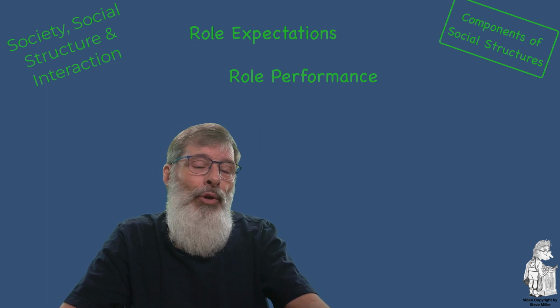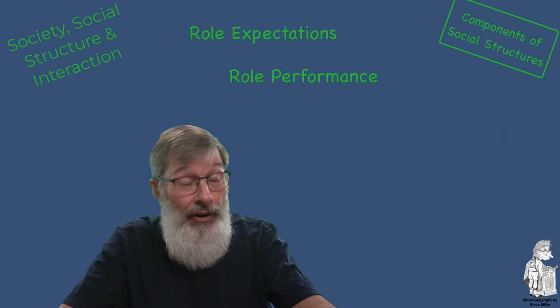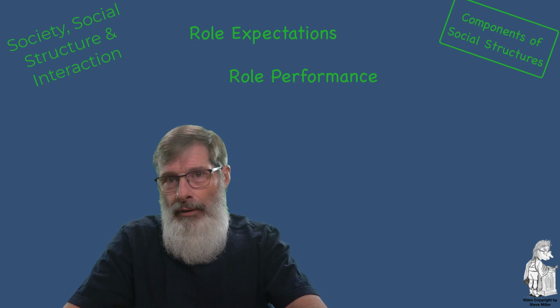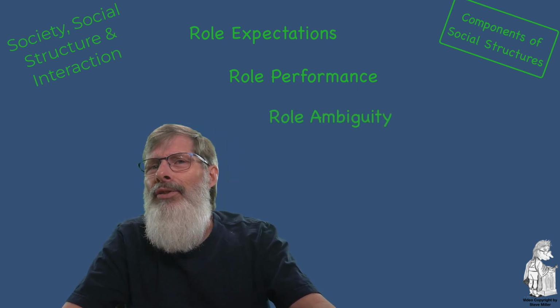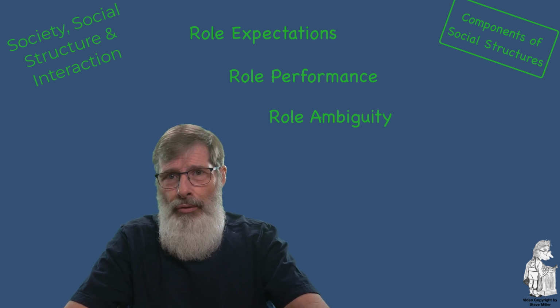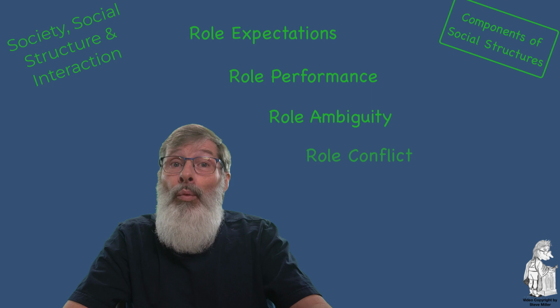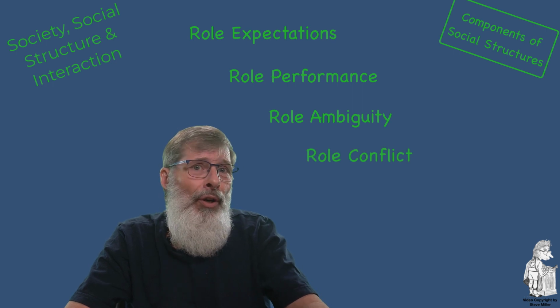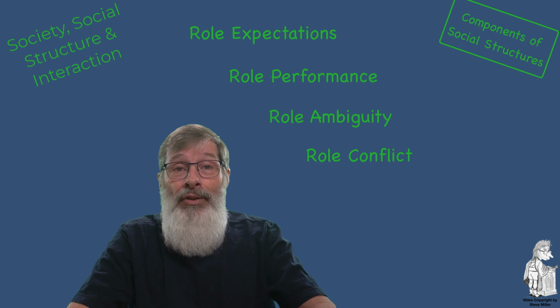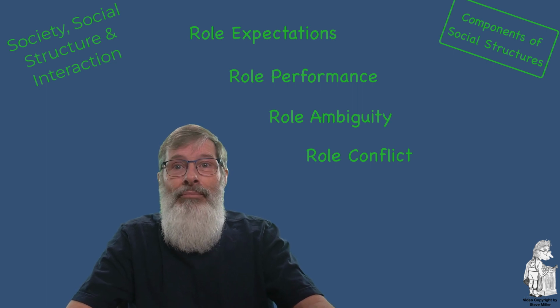Now, if there is not clarity about what the role is, you may have role ambiguity. When the expectations associated with a role are not very clear, role ambiguity is what you'll have. Or role conflict: this occurs when we have incompatible role demands placed on a person by two or more statuses held at the same time.